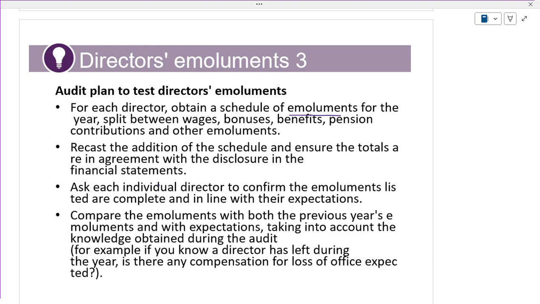We should not use the word wages, but if they are using it, we cannot substitute it. How much bonus they are getting, what are the benefits? We have to get the schedule of these things, do a recast, make an addition, and check that the totals are in agreement with the disclosure.